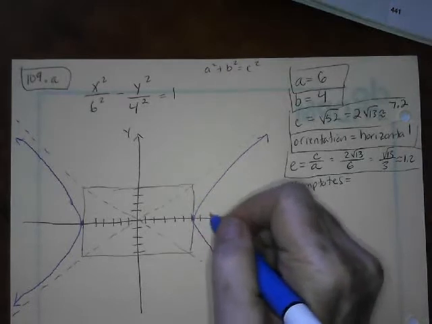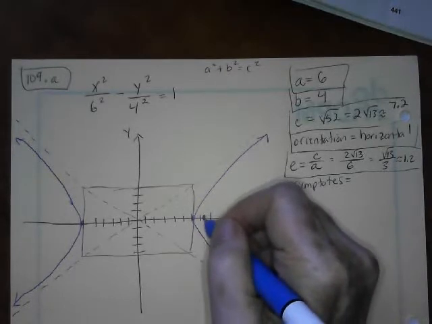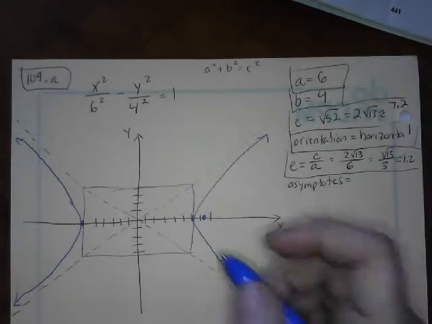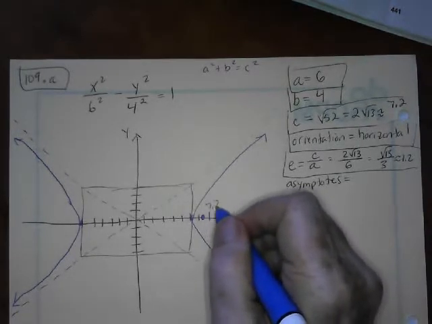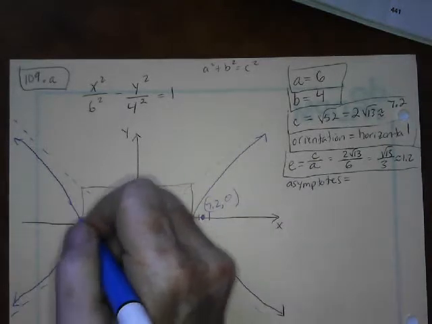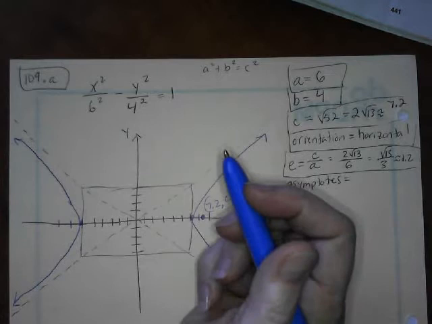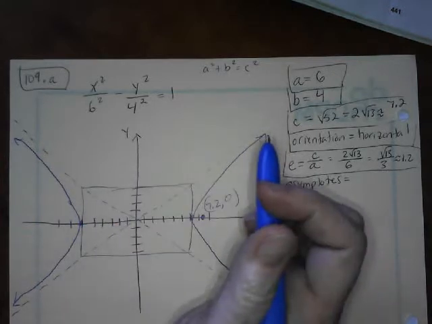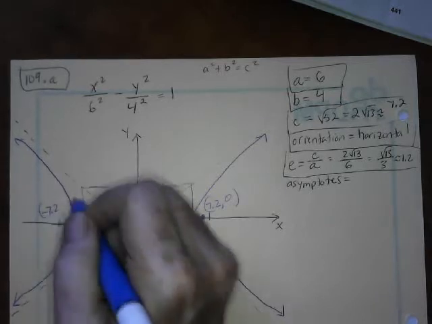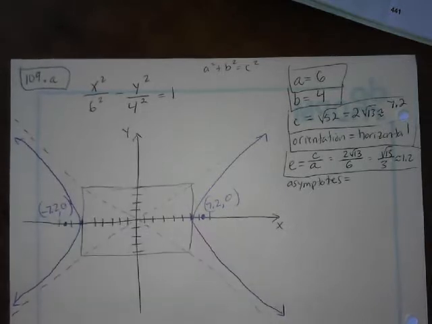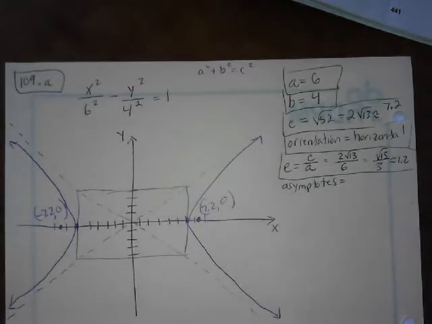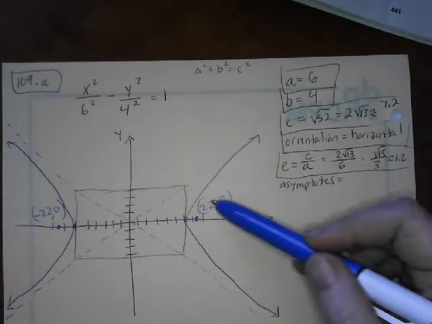That's the focus. Okay. So that would be 7.2, comma 0, and this will be negative 7.2, comma 0. Okay, so that's the focus, or the foci.